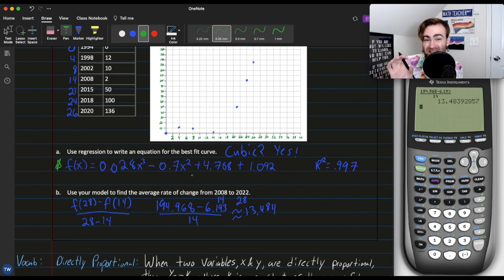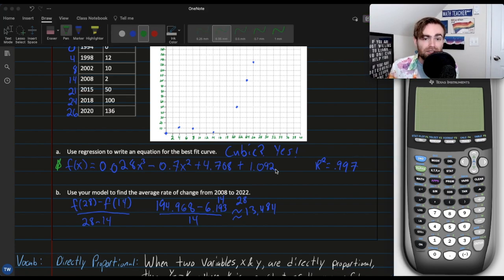You're going to get something that is slightly different, but that's the importance of showing your work. By showing your steps, I can see your thinking, and your thinking is what's important here. And I can see, yep, that looks good. Even if your number is not exactly the same as mine, your process and your thoughts were the same as mine. All right, so that is regression, and that's why I have our fancy calculator here.